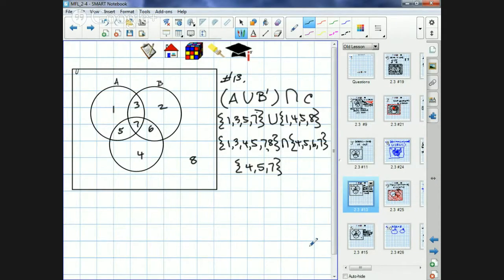And then for my B complement, I had 1, 4, 5. I'm missing 8. So the B complement includes even the items outside of the circle in the universal set? Yes, universal.